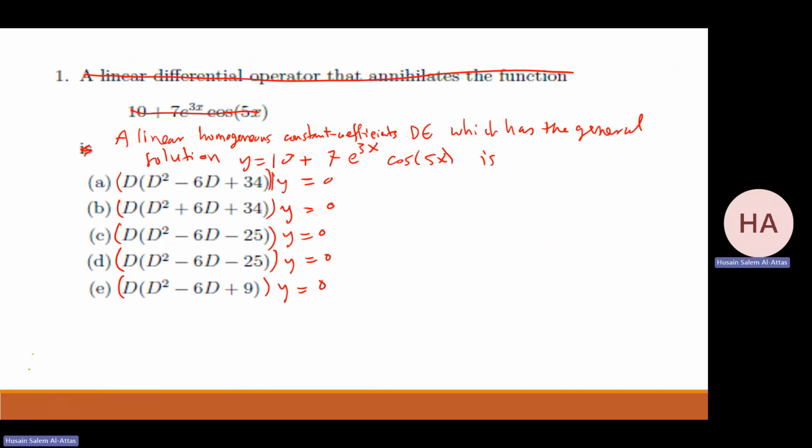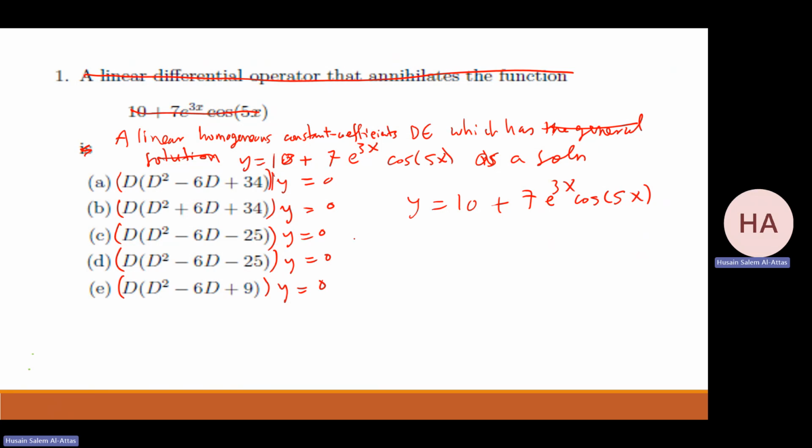Okay, which has y as a solution, not the general solution. General solution is C1, C2, something like this. Okay. So my y is 10 plus 7 e^3x cosine 5x. Okay.